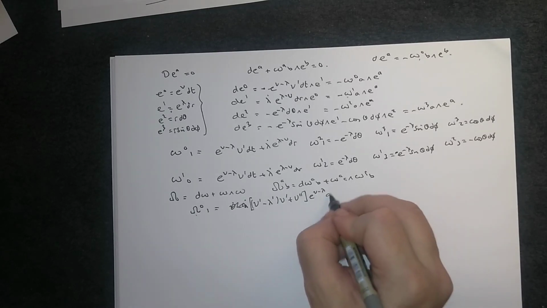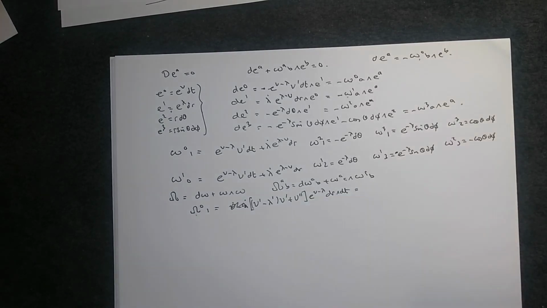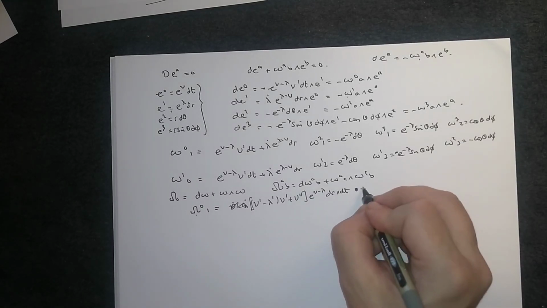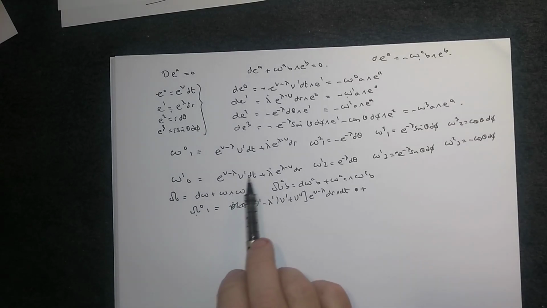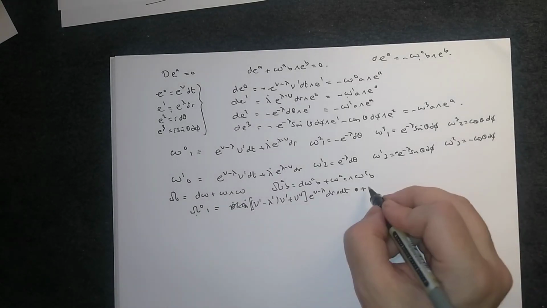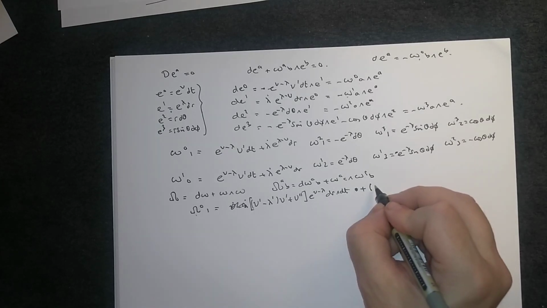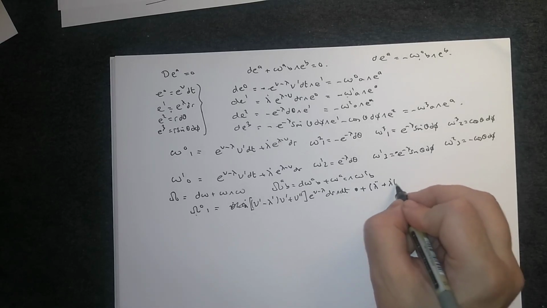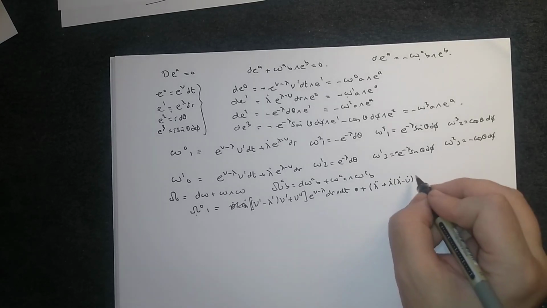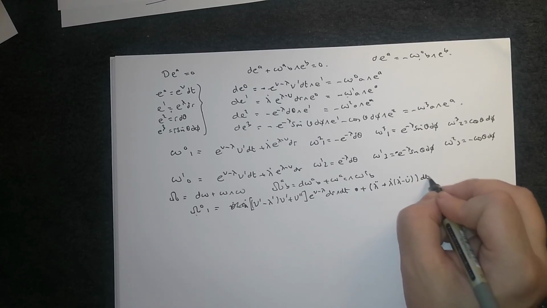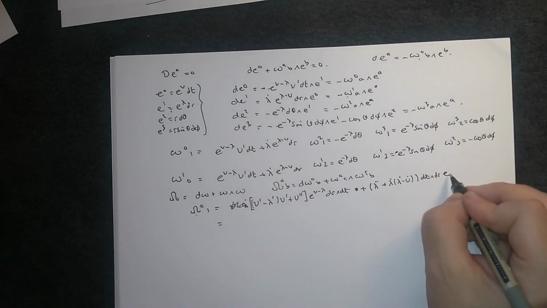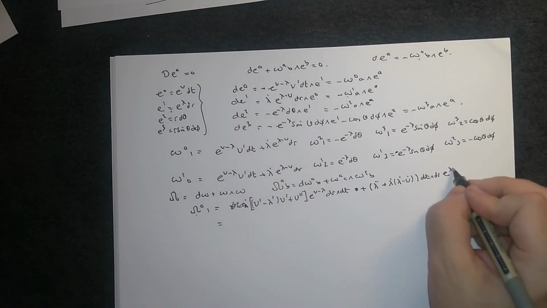So mu minus lambda dr wedge dt, plus a term from here, which is lambda double dot plus lambda dot into lambda dot minus nu dot dt wedge dr. And that's all times e to the lambda minus nu.